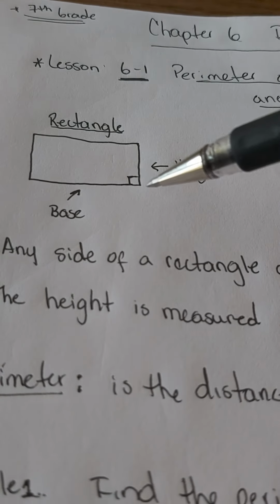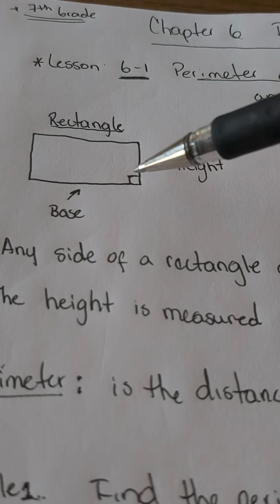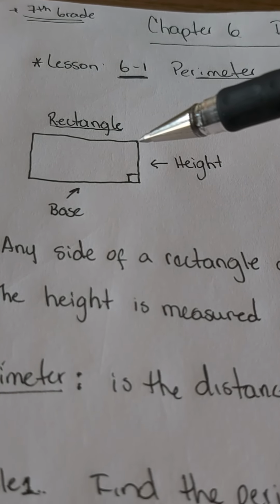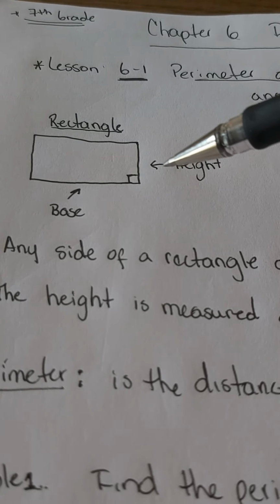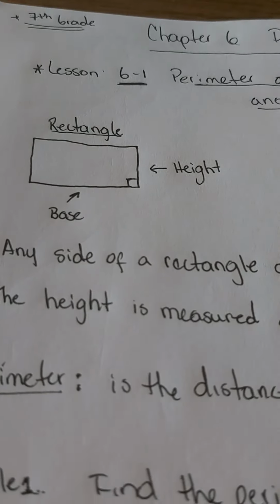Notice this is the base, this is a perpendicular line. How do we know it's perpendicular? Because this is a 90-degree angle. And this will be considered the height. This is base, height in a rectangle, right?